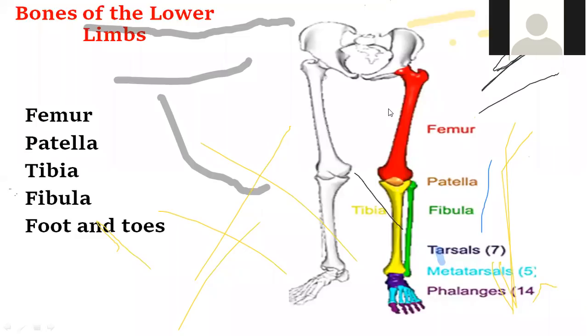It has a surgical neck and all that. I'm sure you can describe all those features on the femur. Now, the patella is also a very important structure when we discuss the bones of the lower limbs.